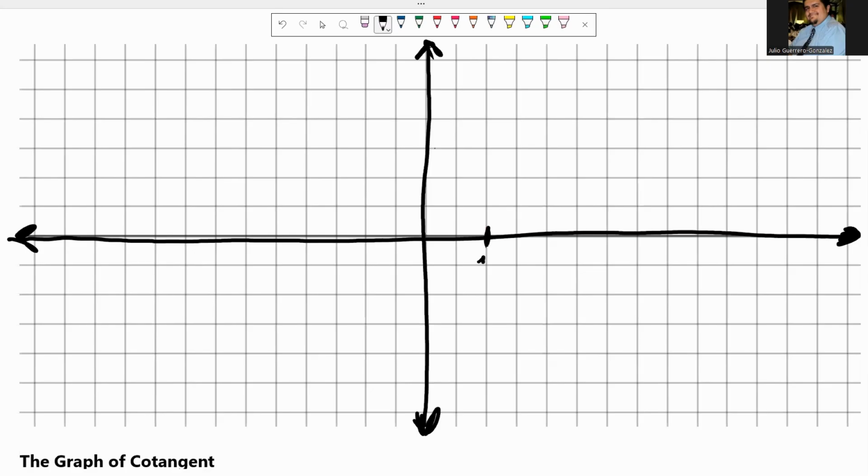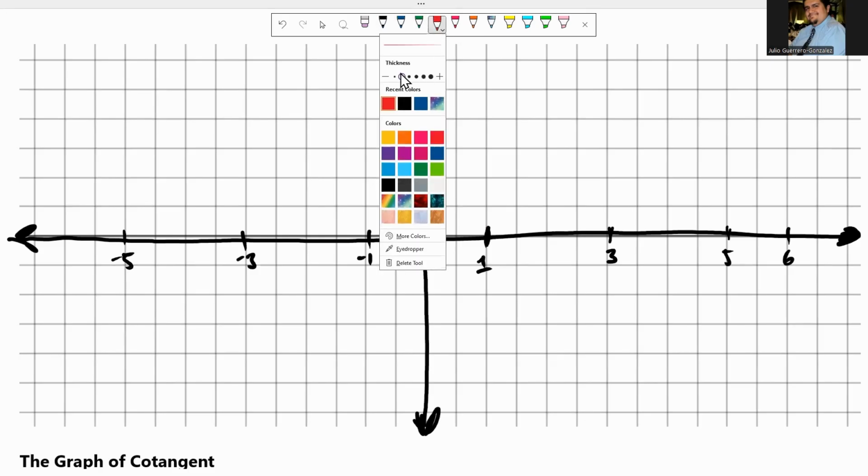This right here is going to be 1, 2, 3, 4, 5. This is going to be 6. We don't really need it. And then we're going to go backwards, so -1, -3, -5. Okay? Let's stick in those asymptotes.